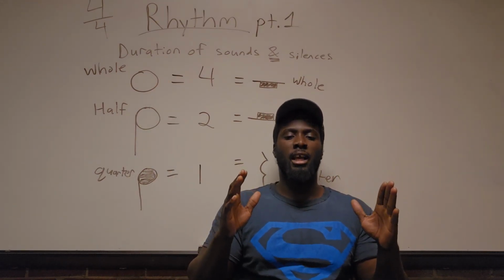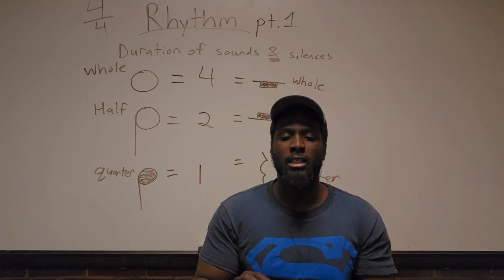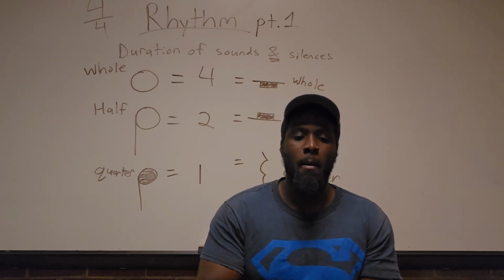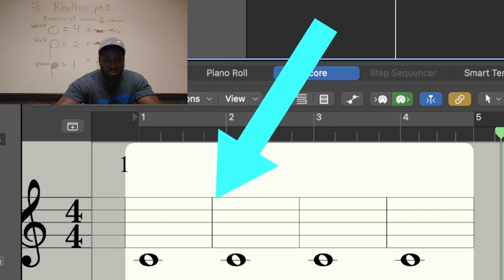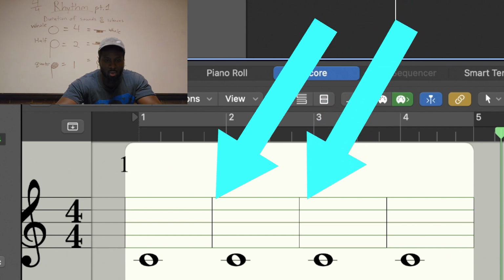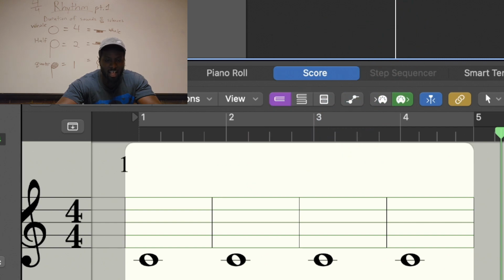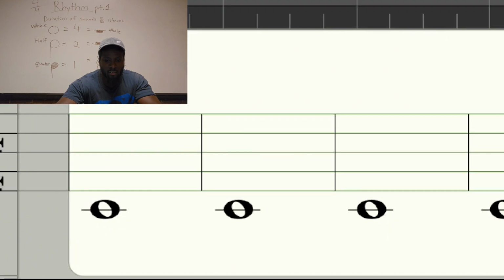And just in case I didn't make it clear, let's analyze this one more time. A measure is none other than these 2 bars right here. These 2 bars, okay, guys? And these have 5 lines. You can see it, 1, 2, 3, 4, and 5.